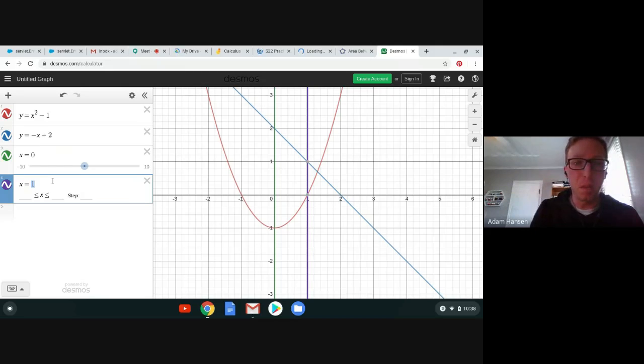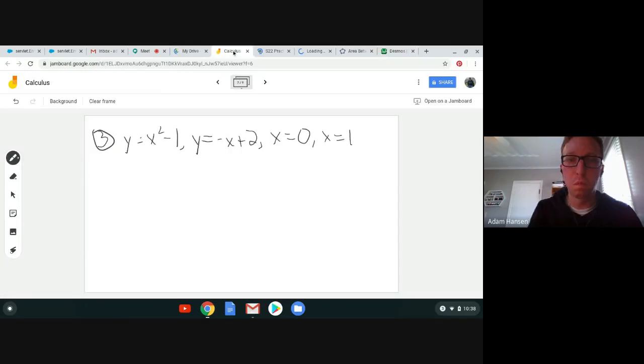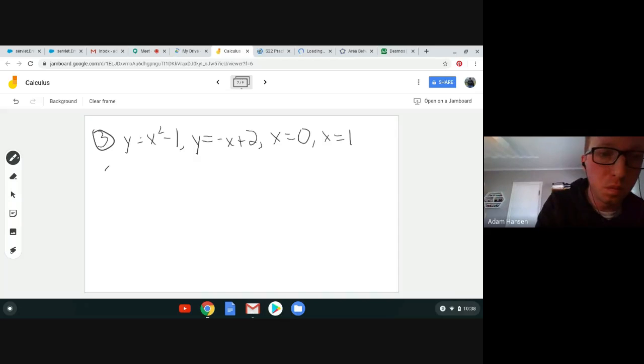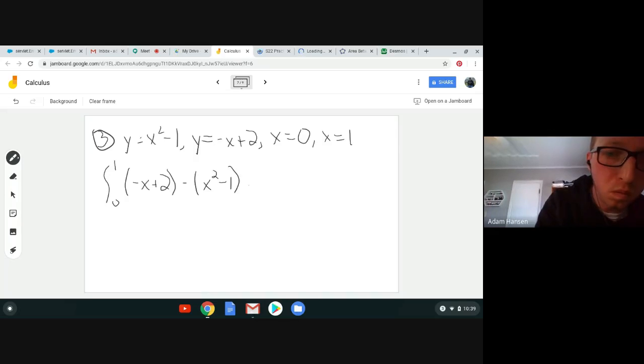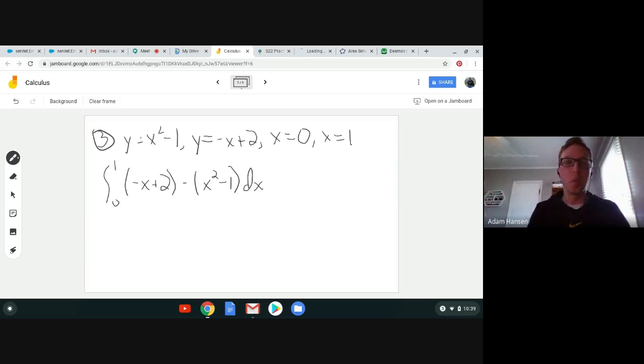Setting this up, I'll have the definite integral from 0 to 1 of the top function minus the bottom. It looks like the function in blue, negative x plus 2, is on top, and x squared minus 1 in red is on bottom. This should be the definite integral to give us the area between the two curves.